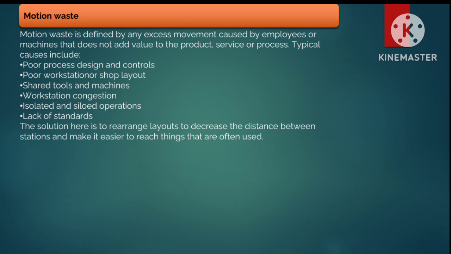So movement of parts, movement of materials and goods from one place to another, if it is not properly located, not properly laid out, will lead to a lot of motion, and it consumes time and it's a waste.